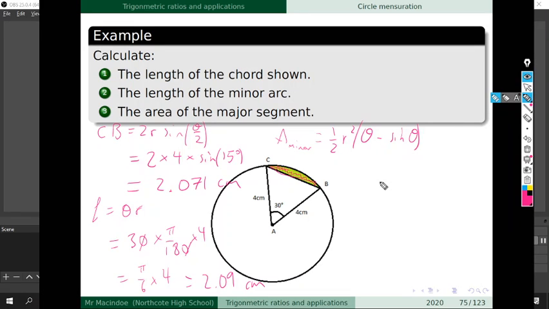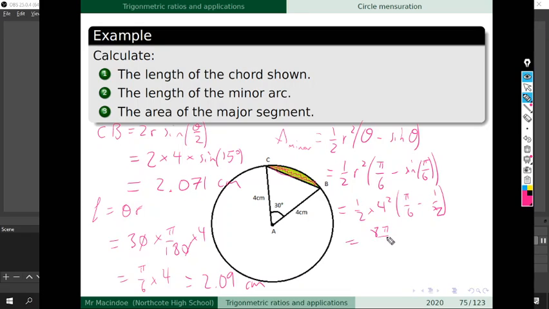That is provided we're doing radians. So we've got half r squared times pi on 6, take away sine of pi on 6. Sine of pi on 6 is just a half, funnily enough.